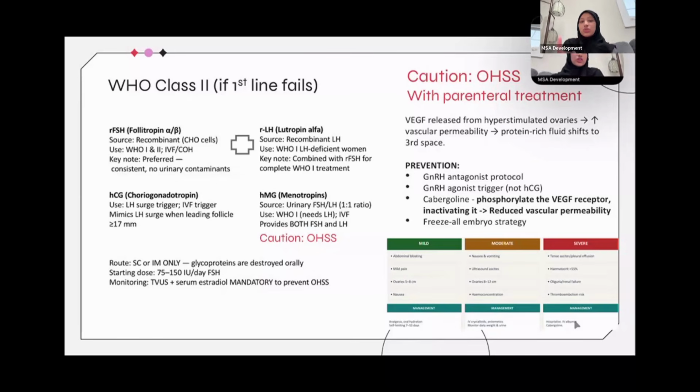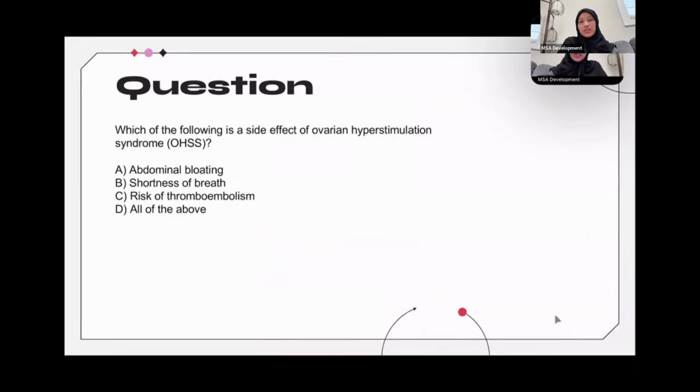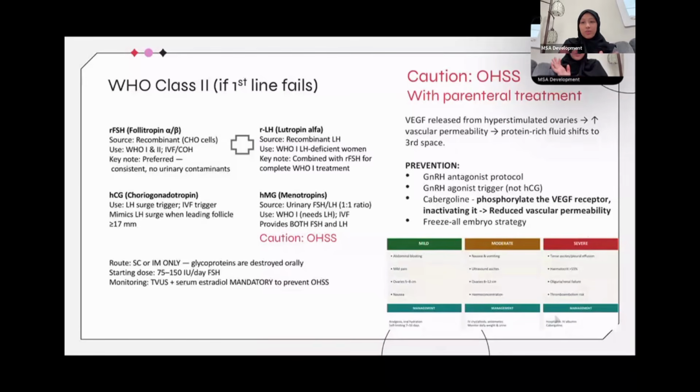The management is to hydrate them, give them pain medication, stop these drugs, and try to prevent or give antagonists to lessen the stimulation. You don't need to know this, but if severe, you can hospitalize the patient. Okay, I hope that was clear.